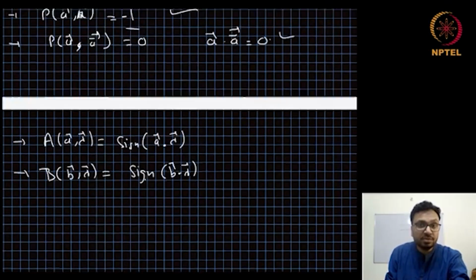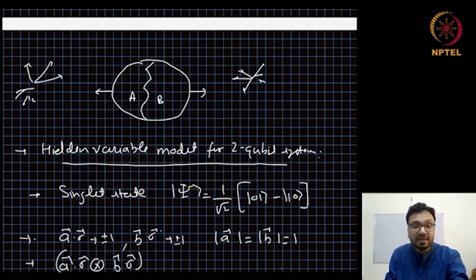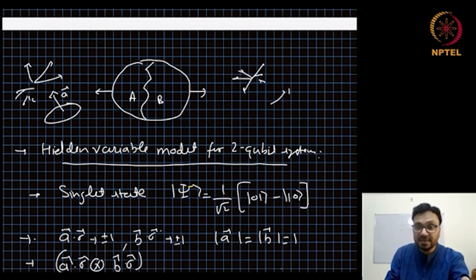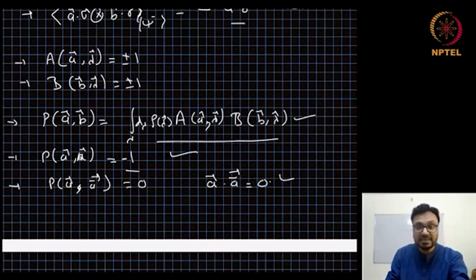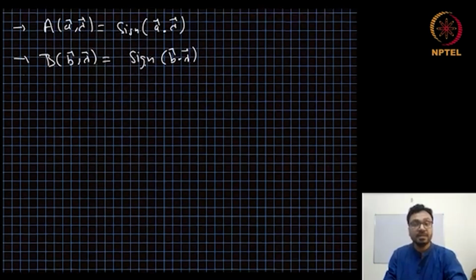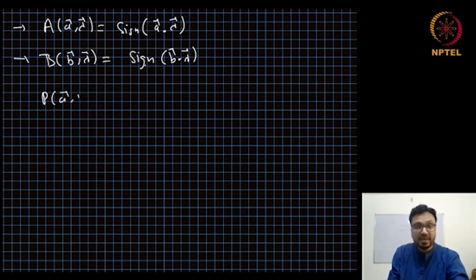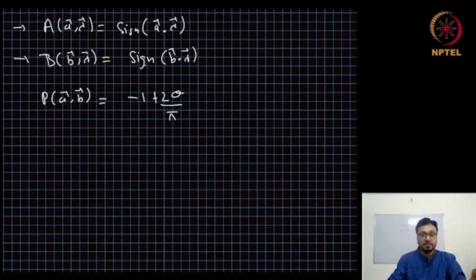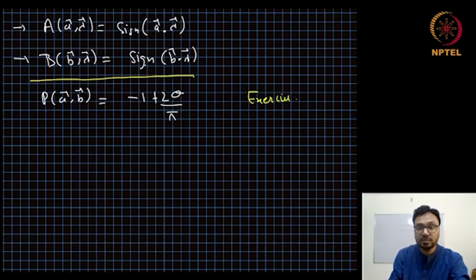So if we use the bomb shell model, with the planes determined by A vector and B vector, and the expression used here for rho lambda to be a uniform distribution over lambda, then we can calculate the expectation value of A, B. This remains an exercise, and it is given by minus 1 plus 2 theta over pi, where theta is the angle between A and B. It's not very difficult, and it remains an exercise.